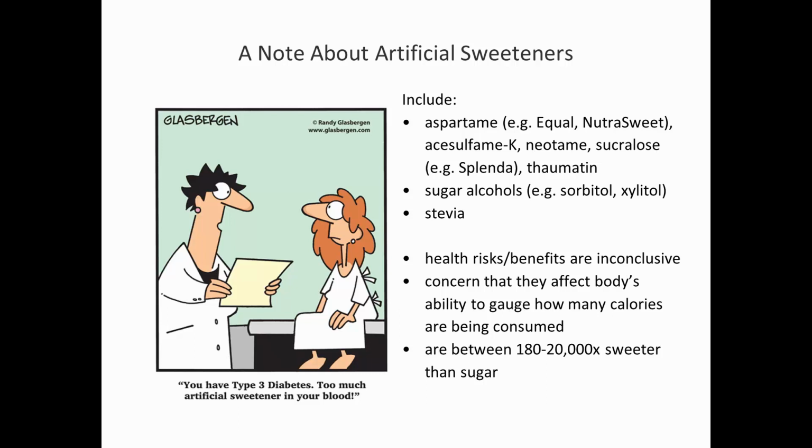The biggest thing about artificial sweeteners is that we don't know the long-term health risks or benefits. For adults, short-term use in small quantities is probably okay. Kids should definitely avoid artificial sweeteners and all sorts of diet foods.